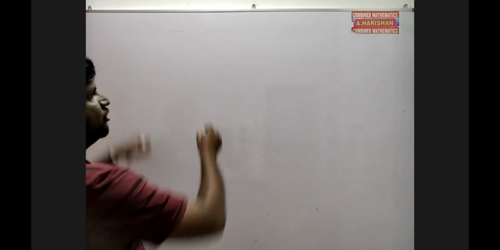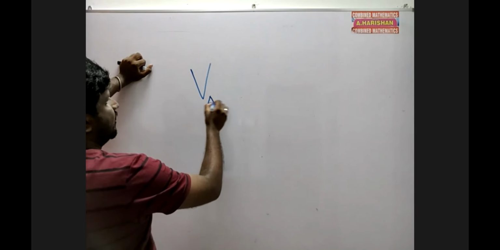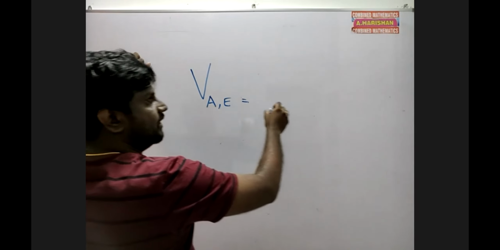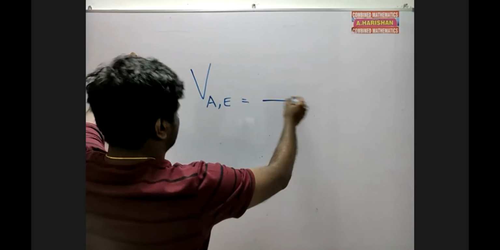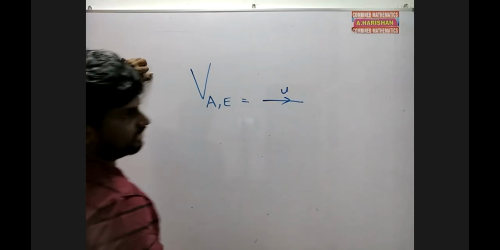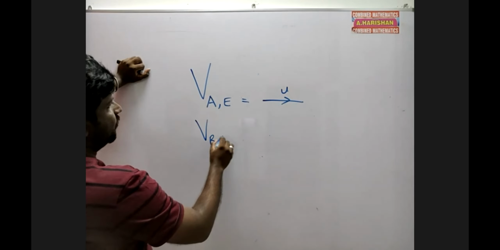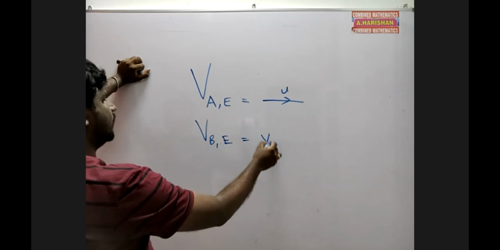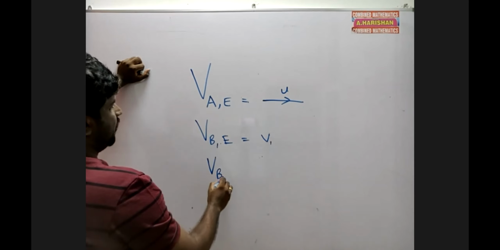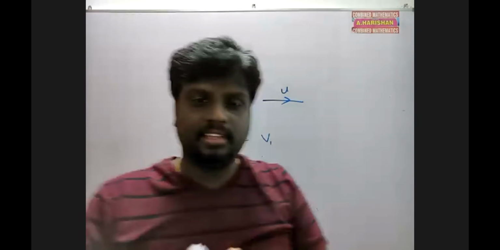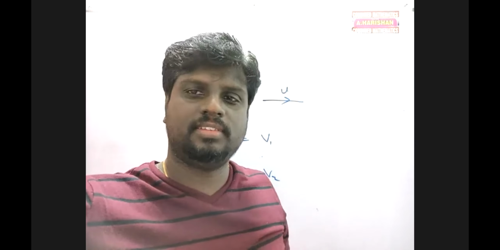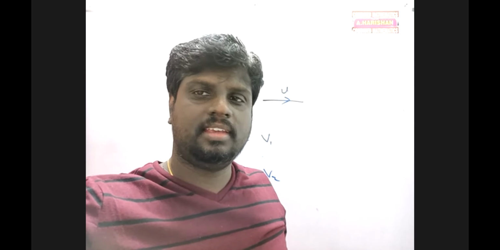So what they say is, a ship is sailing due east or north, I don't know, with the velocity u. The other one is V1 relative to Earth, or V2 relative to Earth. I forgot this, so it is not possible to get it again.